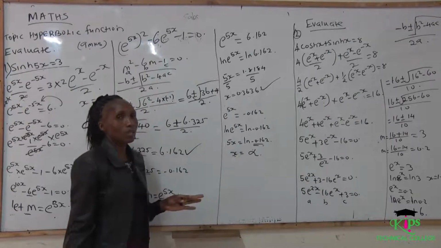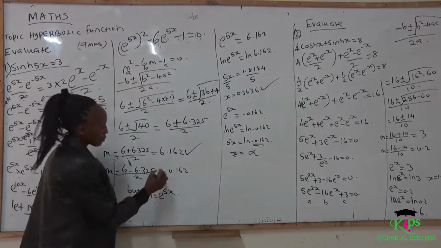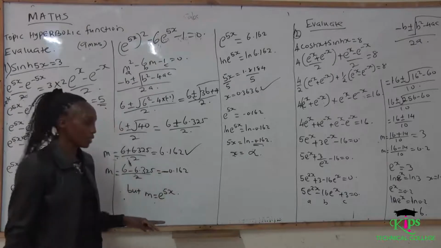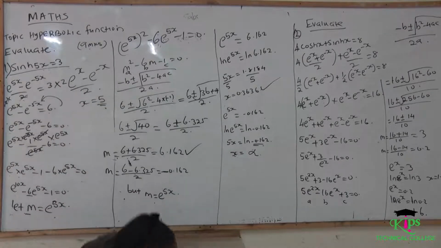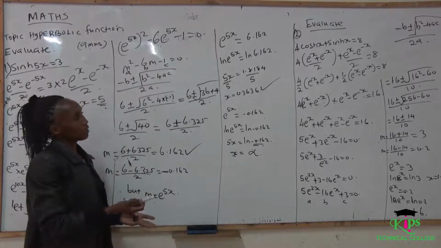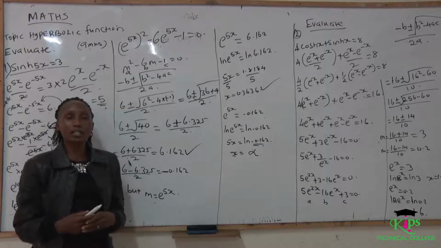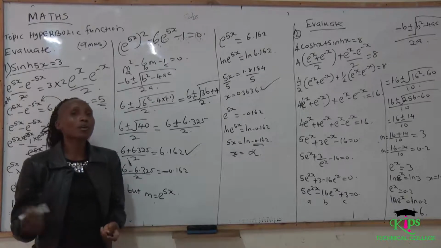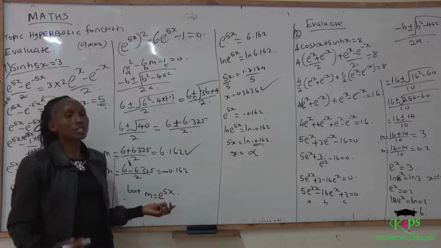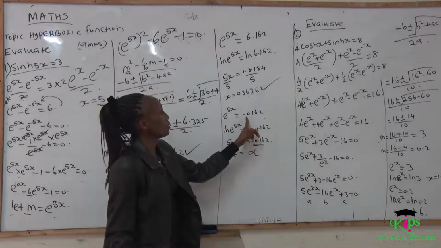But you have to remember, for the value of x we had two values, the first one and the second one. And in the second value, we were having a negative. When you want to calculate the natural logarithm of a negative value, in your calculator it will write maybe sign error or math error. That is exponential 5x is equal to negative this value.